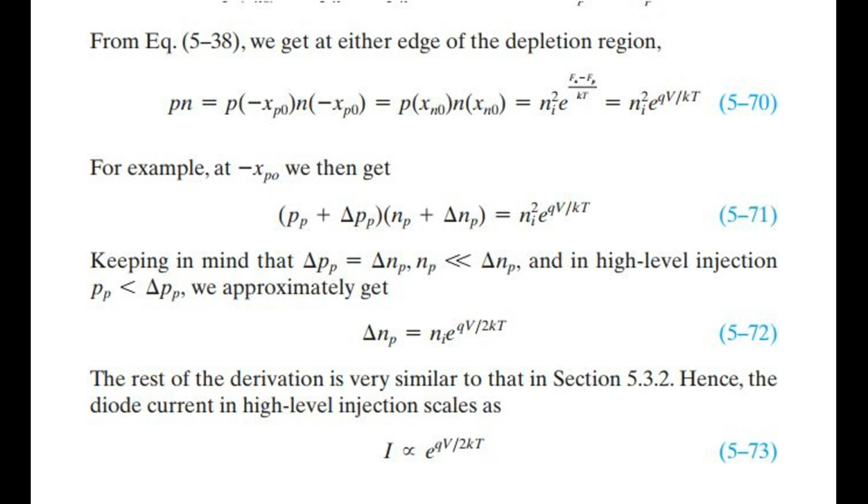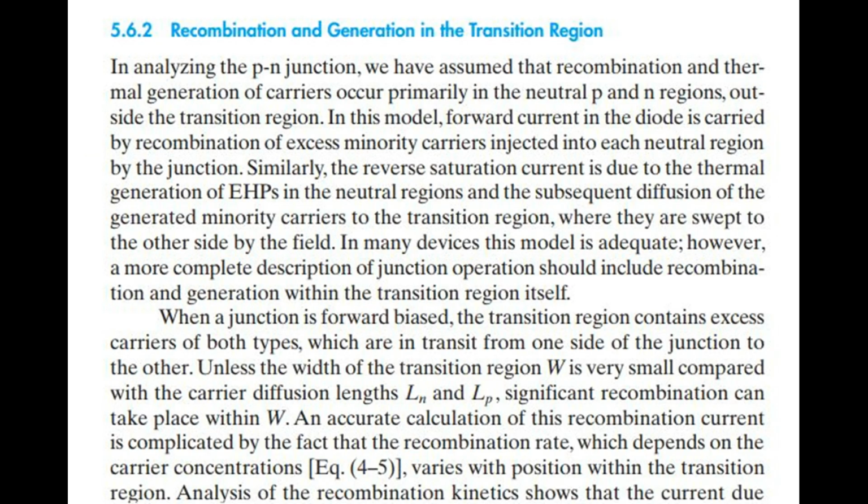For example, at x = p0, we then get, keeping in mind that the excess hole concentration equals the excess electron concentration, np(V)/np, and in high-level injection the excess hole concentration is much greater than the equilibrium hole concentration, we approximately get. The rest of the derivation is very similar to that in section 5.3.2. Hence, the diode current in high-level injection scales as exp(qV/2kT).